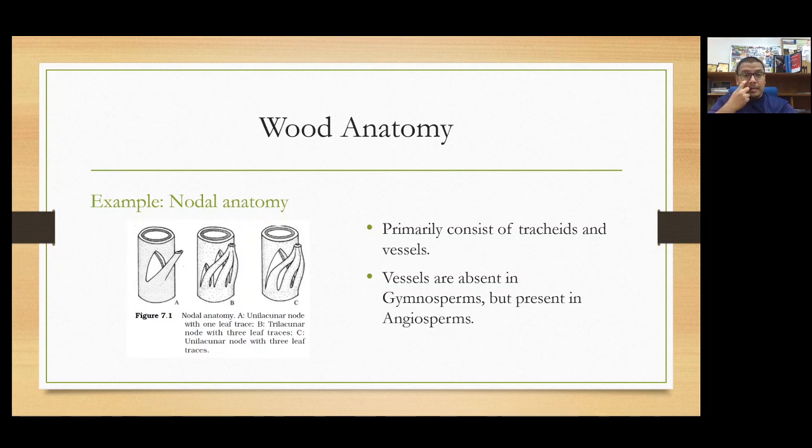Wood represents the secondary xylem constituting the bulk of trees and shrubs. It is formed through the activity of the vascular cambium. It primarily consists of tracheids and vessels.